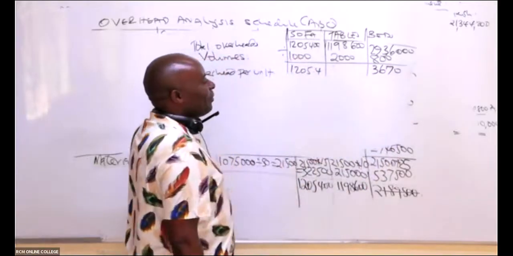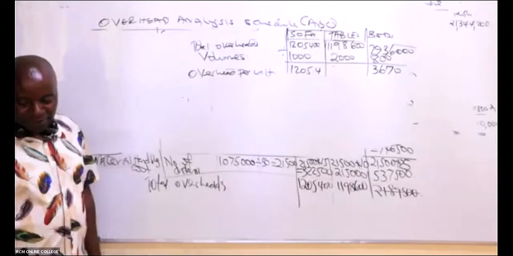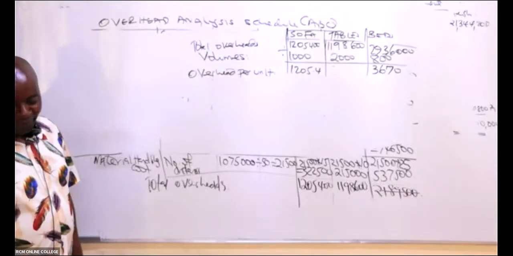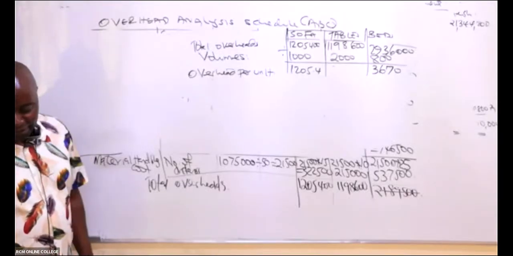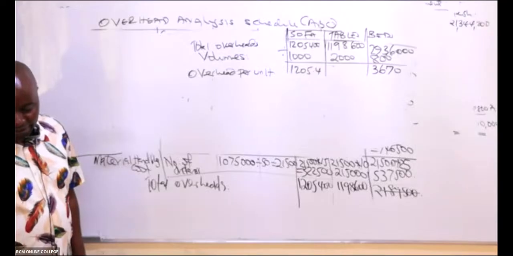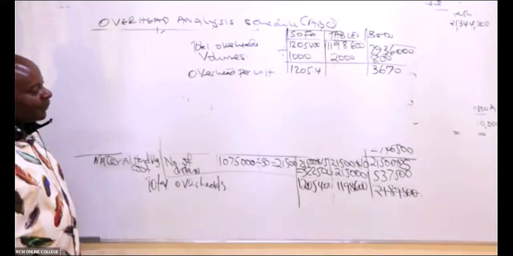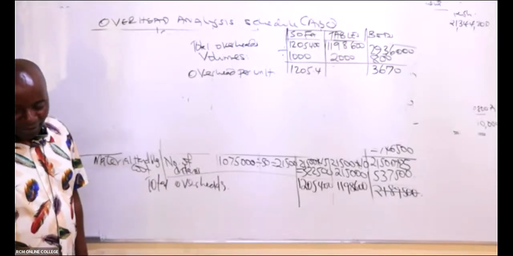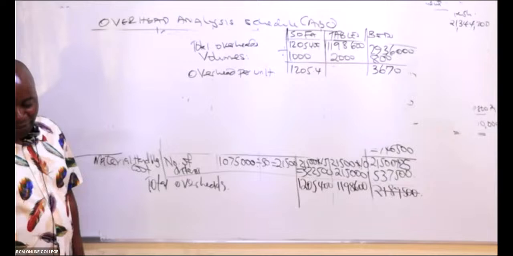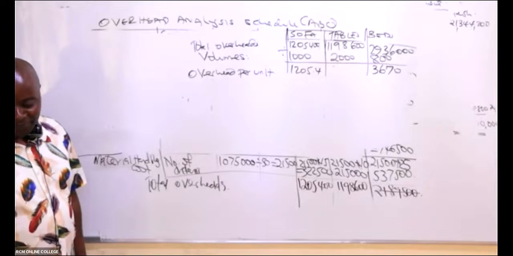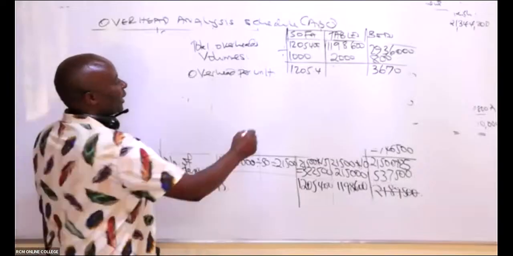How about the tables? 29,000, 36,000. Yes. So tables. Online students, I can't hear you at all.